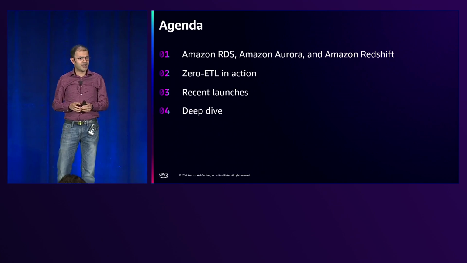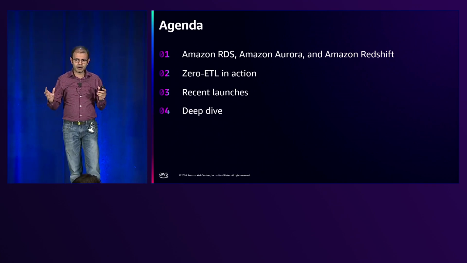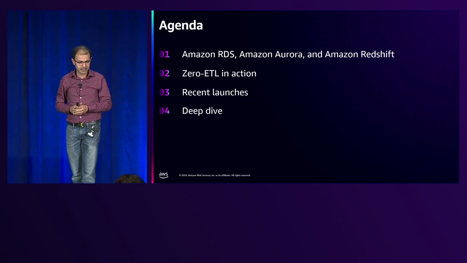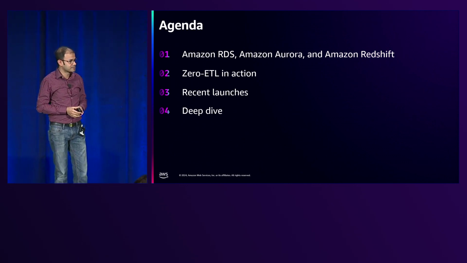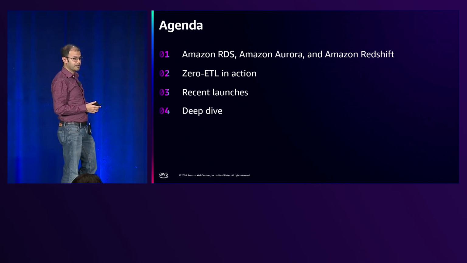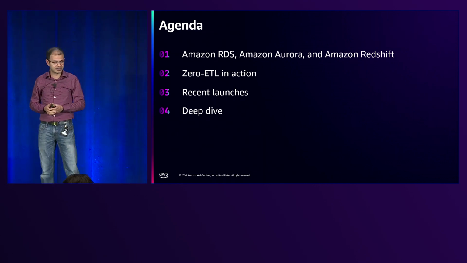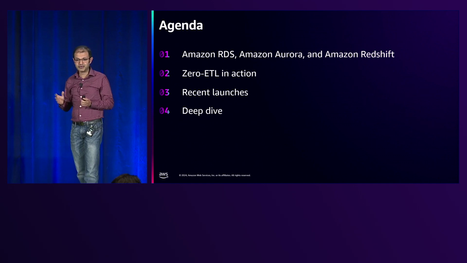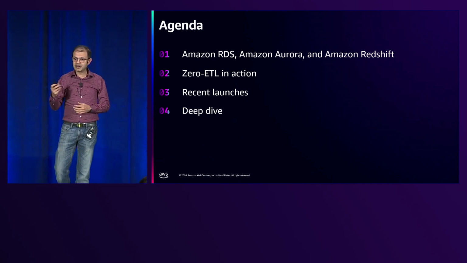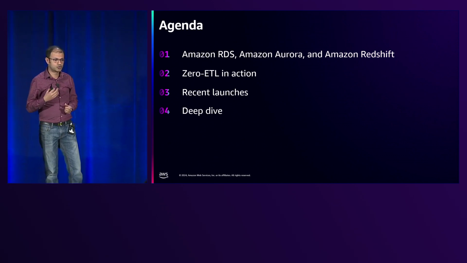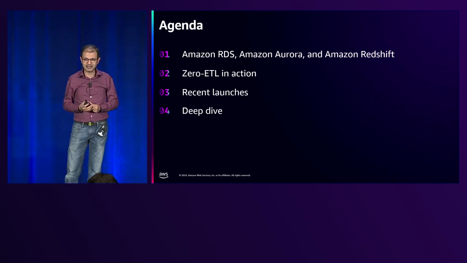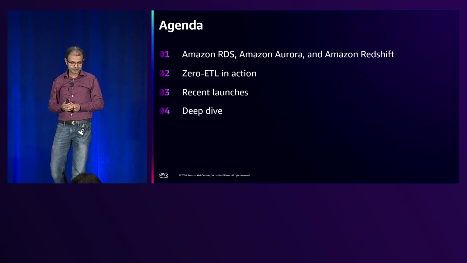So in this talk, I will focus very specifically about a few of these different sources and the analytics engine. AWS has built its purpose-built operational databases in Amazon RDS and Aurora, and its analytics solution in Amazon Redshift, which I'll provide a brief overview of. Then we'll cover zero-ETL in action to show how zero-ETL simplifies your life in getting these near real-time insights.